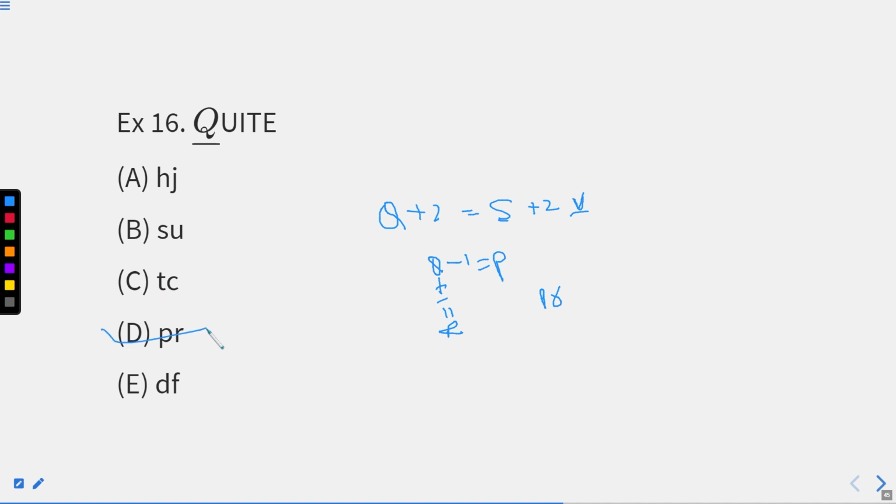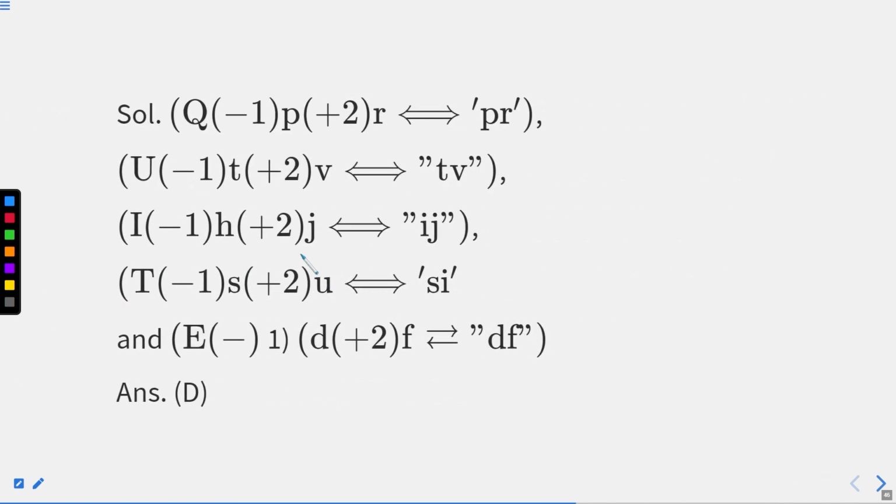Right, PR is option D. So this is one odd method we can find, or we can directly write P plus 2, that is also R. Right, with either method, we are going to get close to our answer. So I'll directly take you to the answer part.